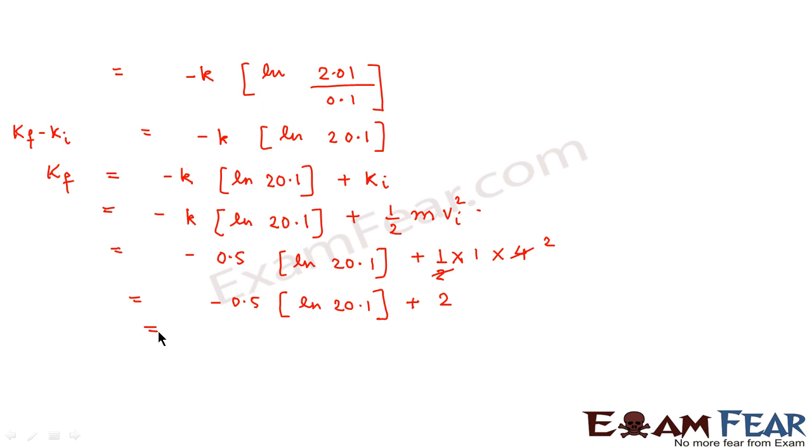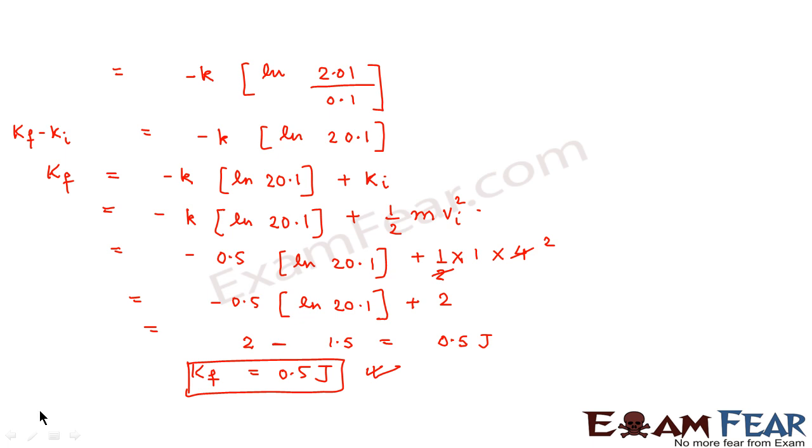Therefore, we get it as 2 minus 1.5. This is equal to 0.5 joules. Therefore, the final kinetic energy will be equal to 0.5 joules when the box comes out of the rough patch. So this will be the value of the final kinetic energy.